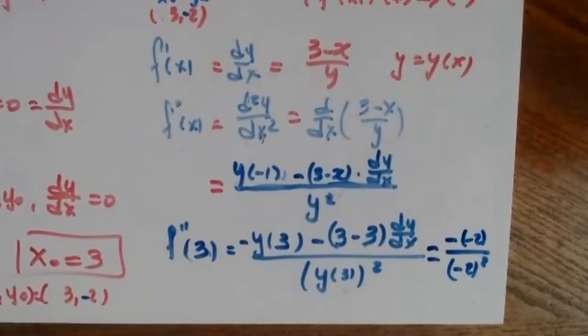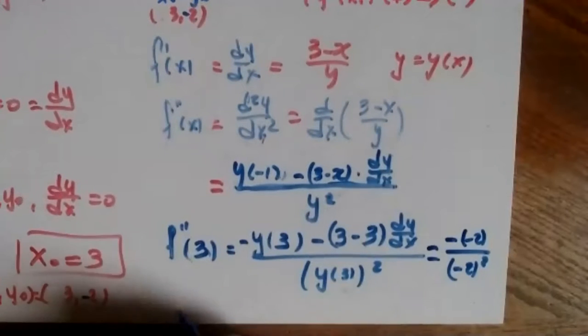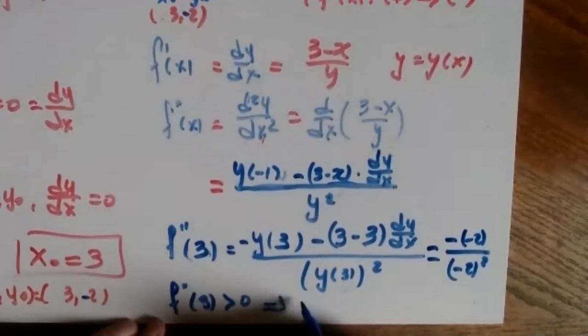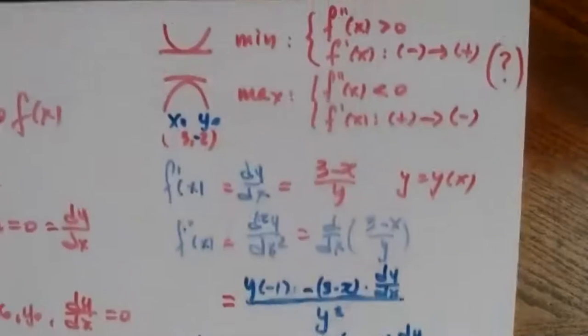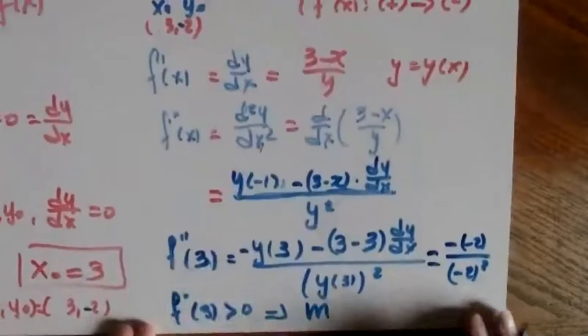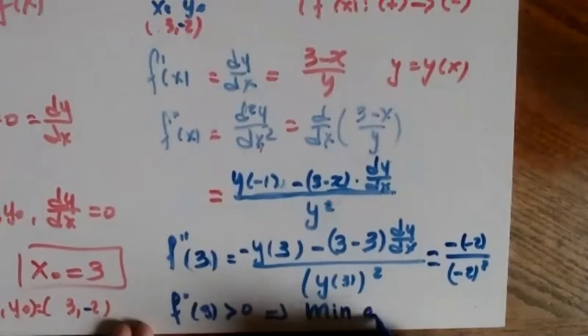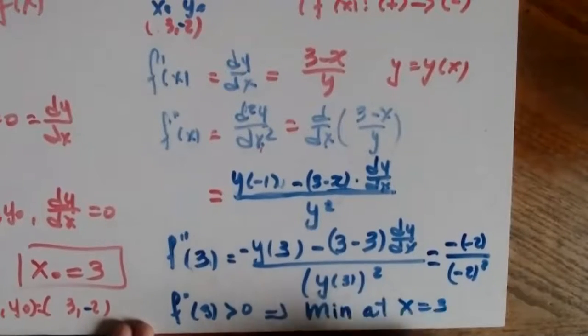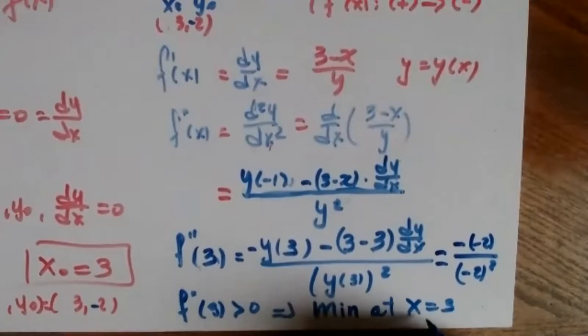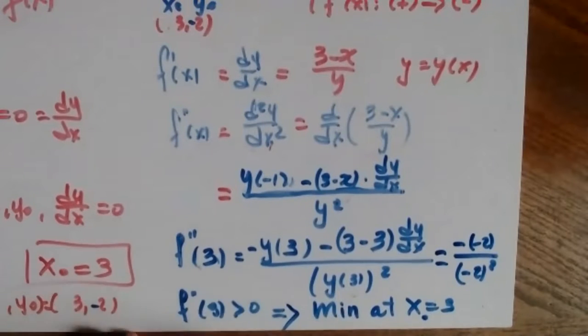It's going to be positive. So f double prime of 3 is positive. So the function has a what? Oh, a min at x equals 3. Correct? Yeah. Is the reasoning clear? Yeah.